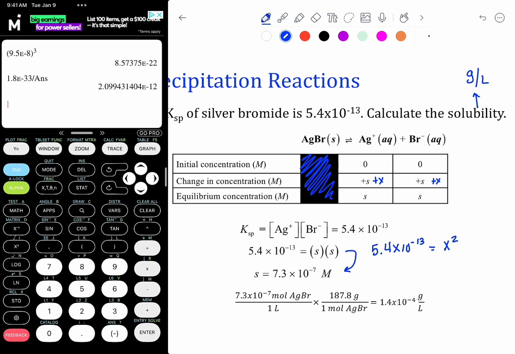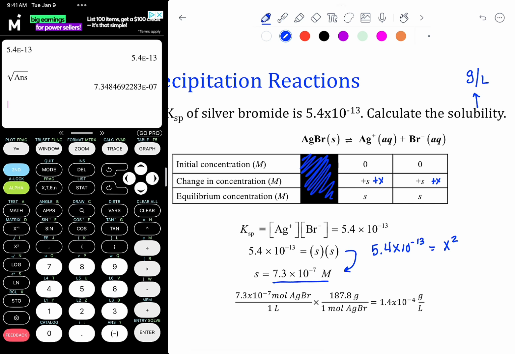So we get 5.4 times 10 to the minus 13 is equal to X squared, which we can easily solve for X. We take the square root of that, and we get 7.3 times 10 to the minus 7, which is what we see here.